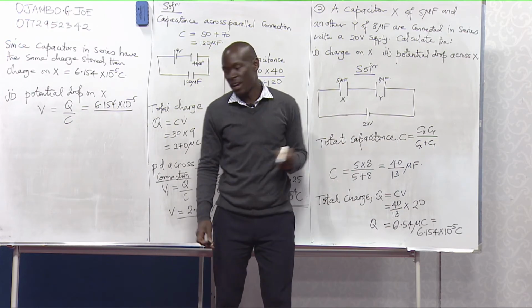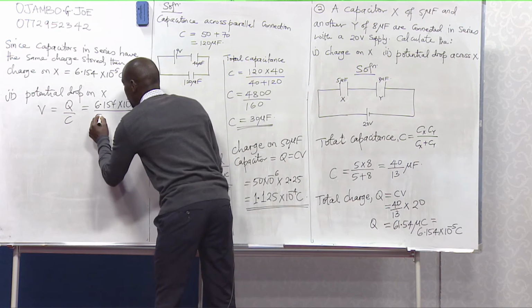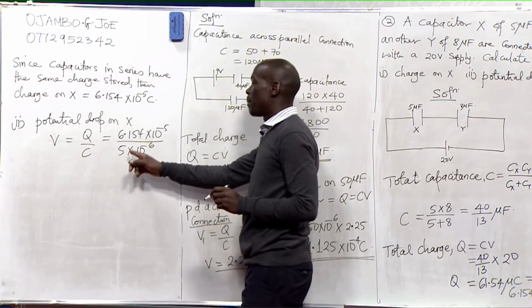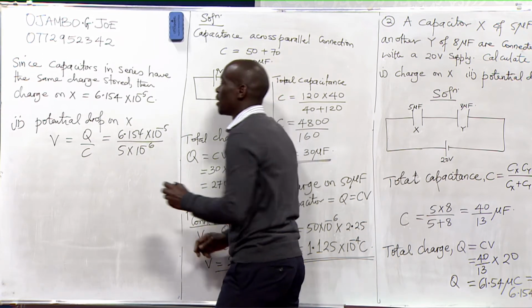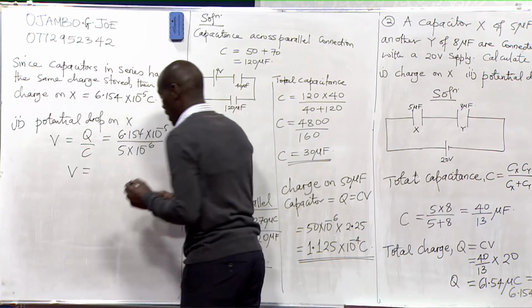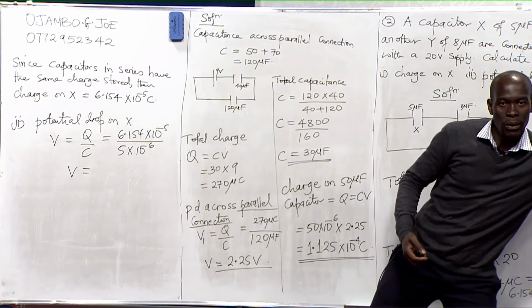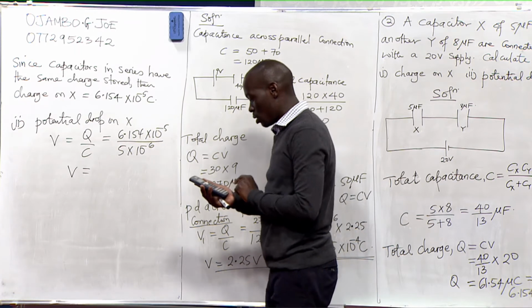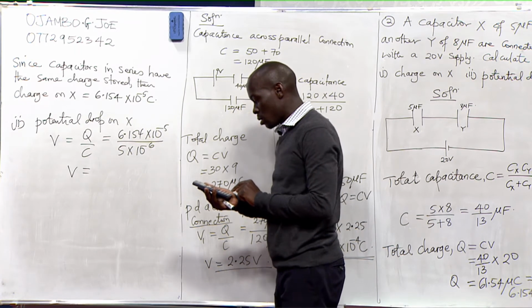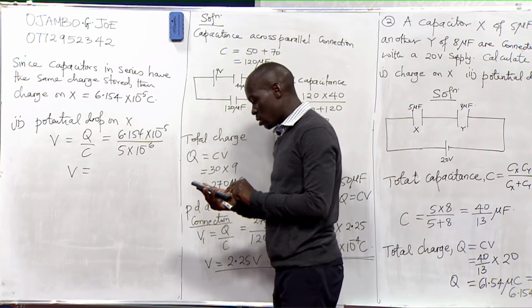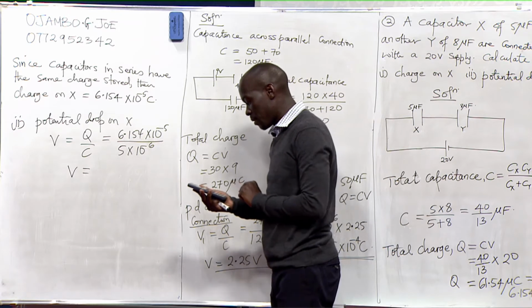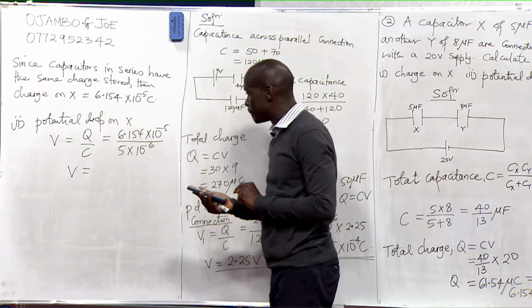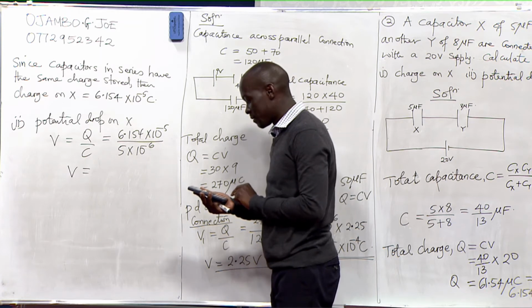We were told it is 5 micro, so it's 5 times 10 power negative 6. I am changing it from microfarads to farads. Therefore, the potential drop on X, V, will be, when we get our calculator, 6.154 exponent negative 5 divided by 5.